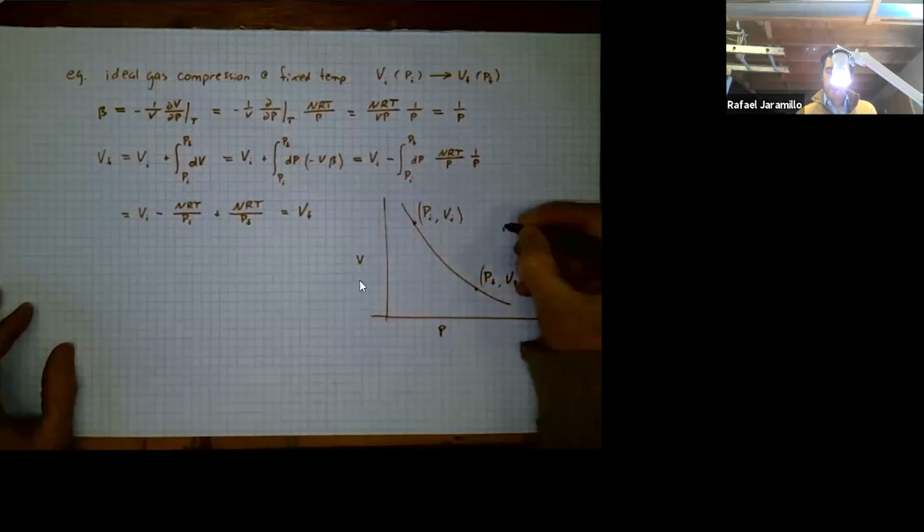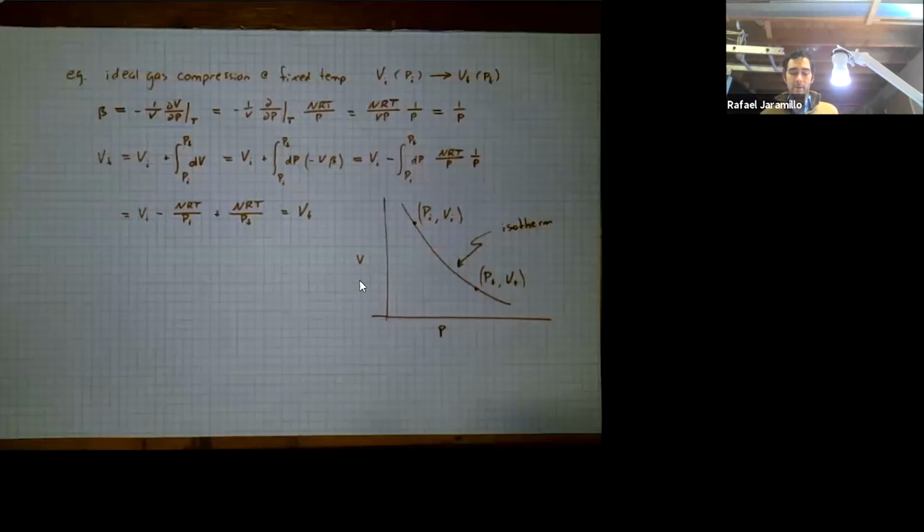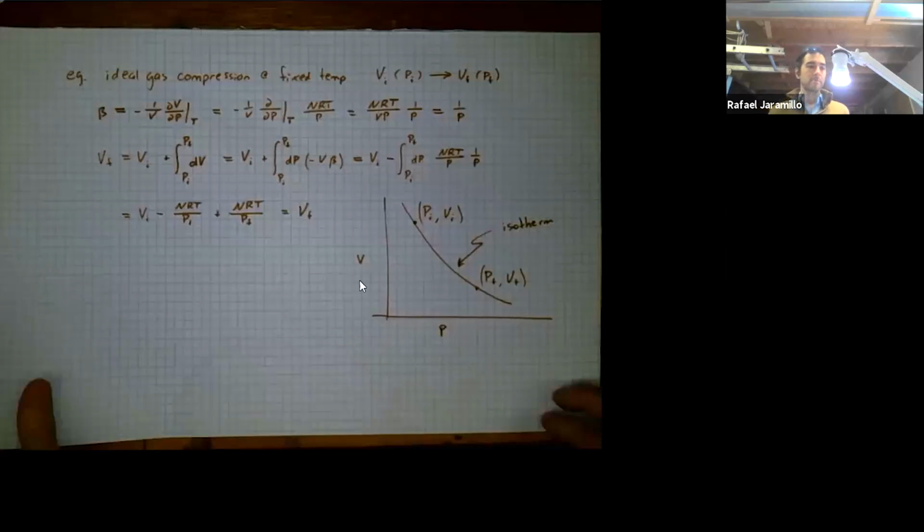And this curve is an isotherm. So we'll come back to these when we do heat engines and the Carnot cycle at lecture 4. Okay. We're almost done. Let's see.